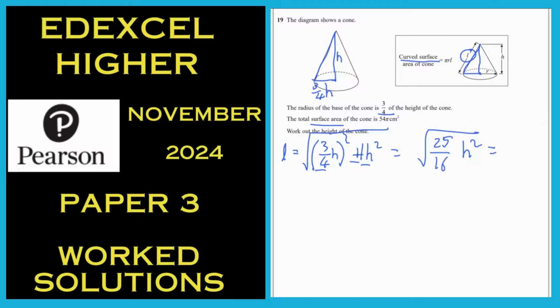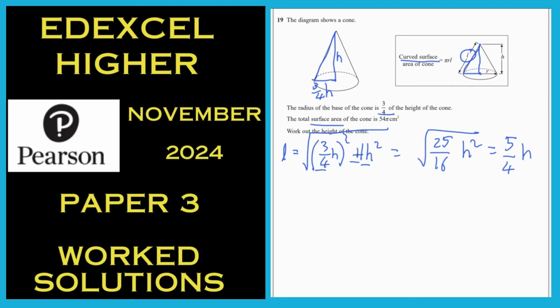And we can indeed square root the top, square root the bottom, and square root the h squared. There we go. That is our little term representing the slant length. The slant length is 5/4 of the height.